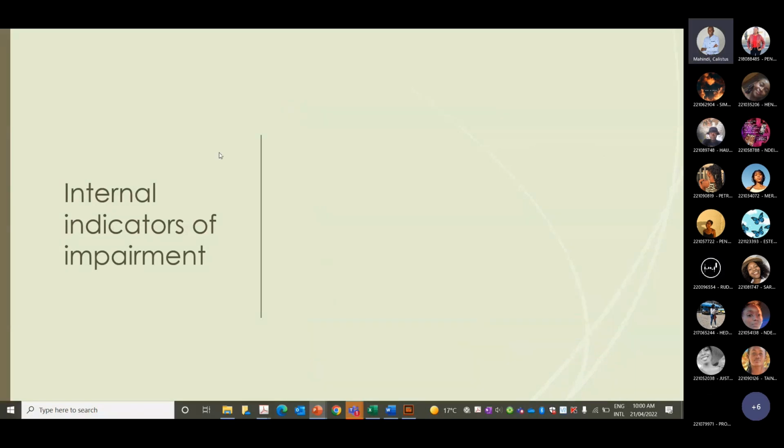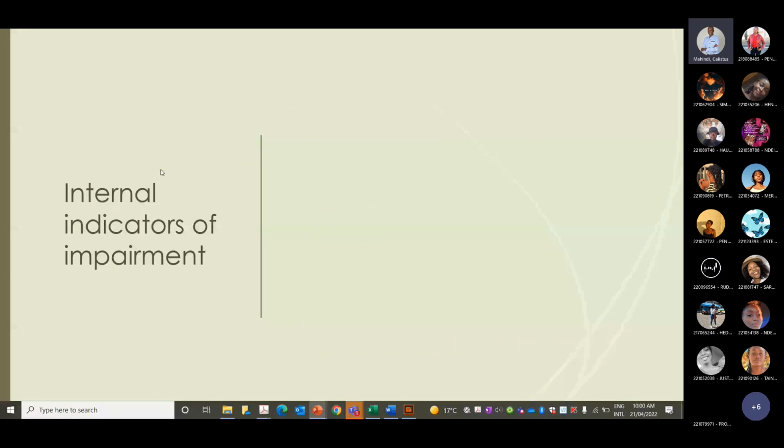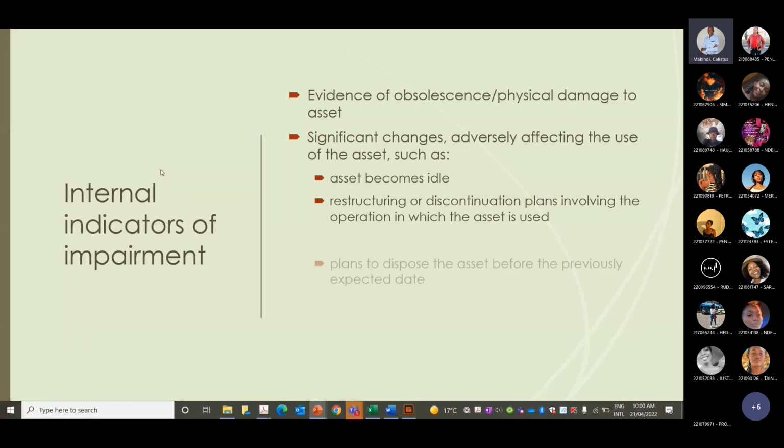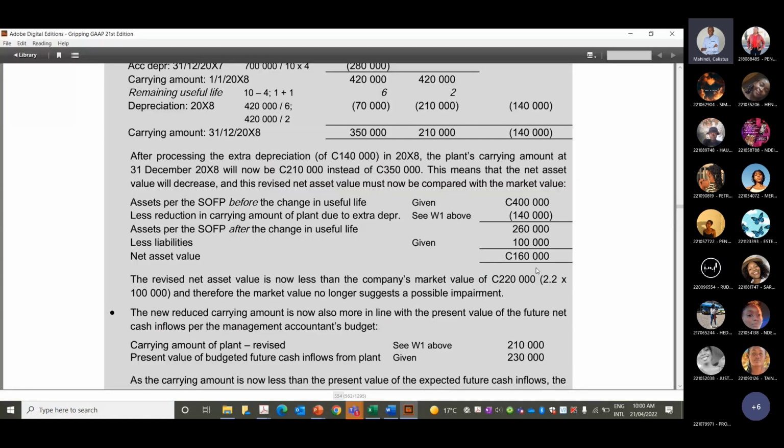Sorry, the last bullet there that is highlighted in yellow, the net asset value per share is greater than the market value per share. So let us look at what happens here. Here we have the total net asset value. It's not necessary for us to calculate the value per share, but anyway, our total net asset value is 160,000, right?